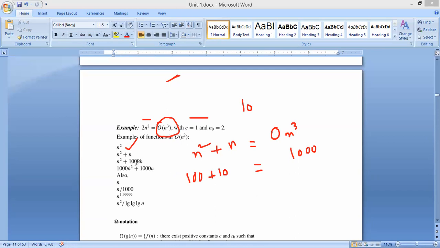So if I am going to write a constant here, I am going to use 1000, because here they use the value n0 equals 2. If I am assuming n is 10, then what do I need to write here? I need to write 100.